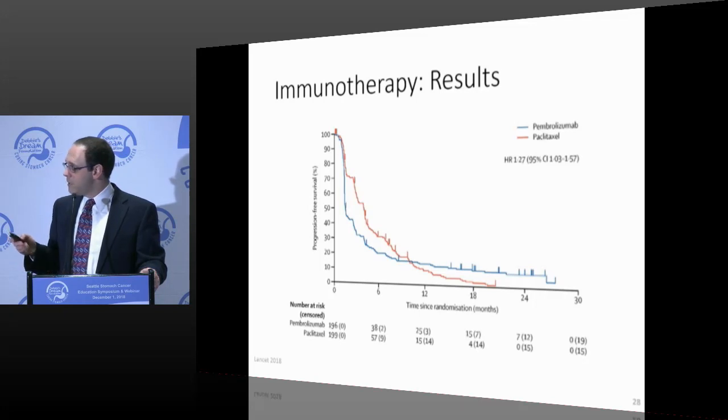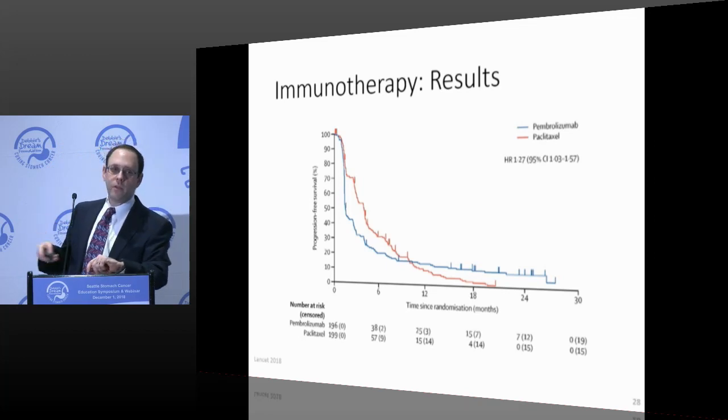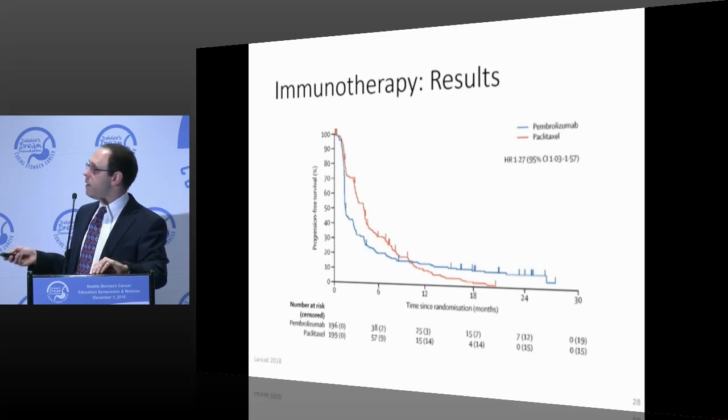The interesting thing about immunotherapy to some extent is it takes a little time to work because you have to boost your immune system. So I put this in here to say, why do we not just jump to immunotherapy? Part of it is that this was a study where they compared chemo versus immunotherapy. And you can see that up front, some people don't respond no matter what you do.